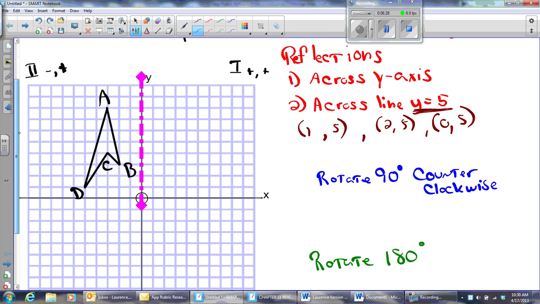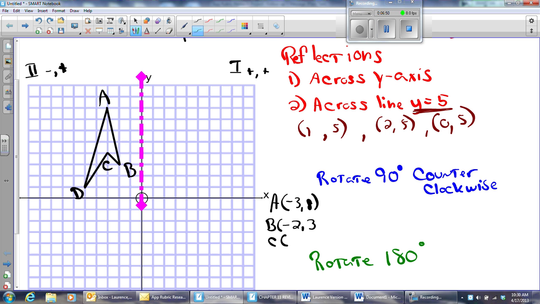All right, so I'm going to do a 90-degree counterclockwise rotation. Now, I know that A's coordinates are at negative 3, 8. I know B's coordinates are at negative 2, 3.